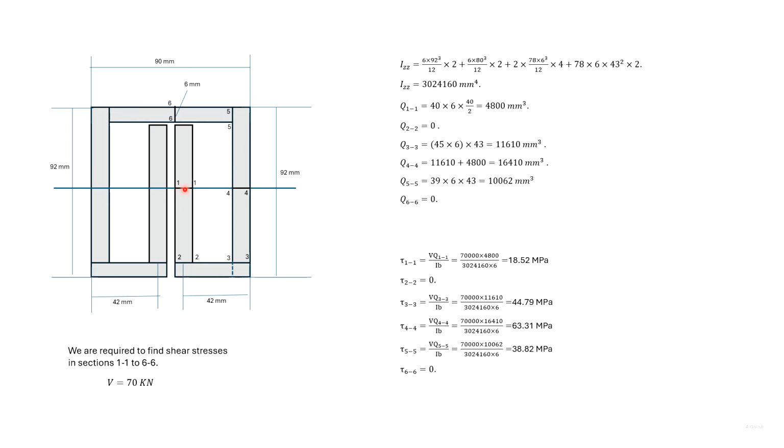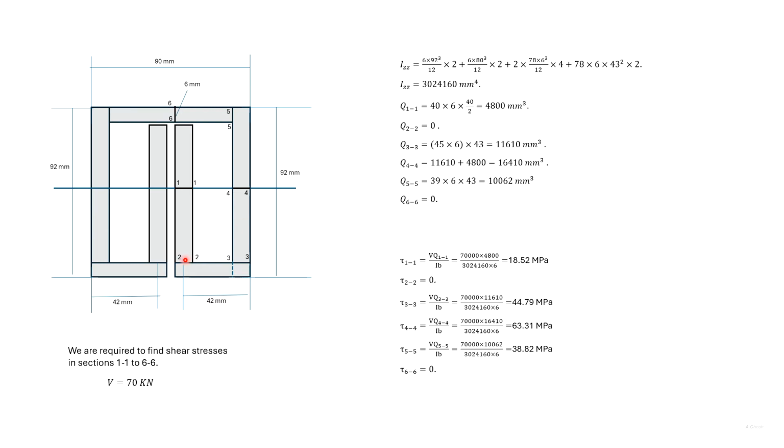Consider section 1-1. We need to take the Q of this vertical portion. Half this length is 46 and the thickness here is 6. So the height of this portion is 40. So here we have found out Q11.